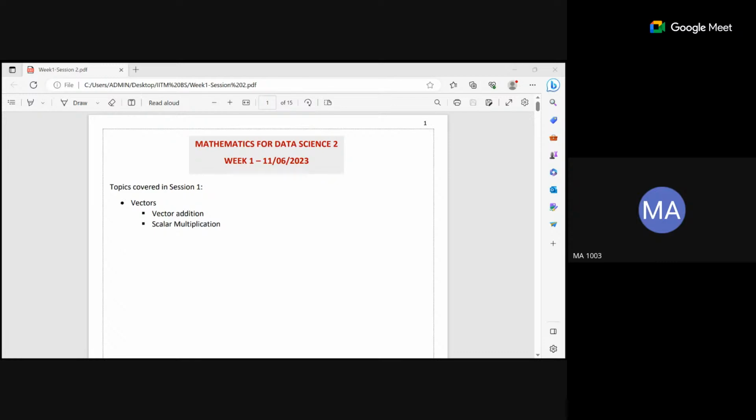For example, if you have a vector x1, x2, it is in R2. If you have another vector x1, x2, x3, it is in R3, where these elements are real numbers.